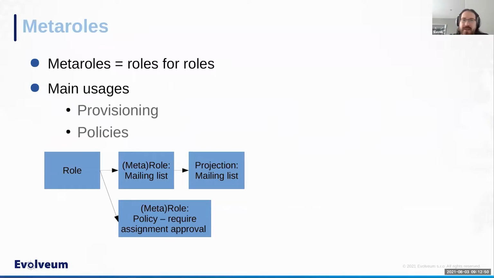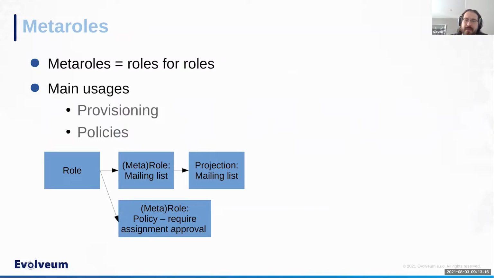So what is Metarole? Metarole is very simple, a role for roles. And there are two main usages for it. First one is provisioning, as we just described, on a mailing list. So I define a meta role, which should just transform other roles into mailing lists. Or it can be used for policies.